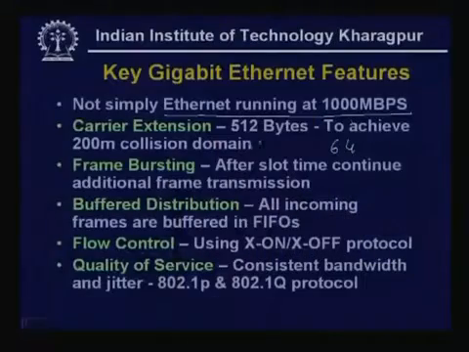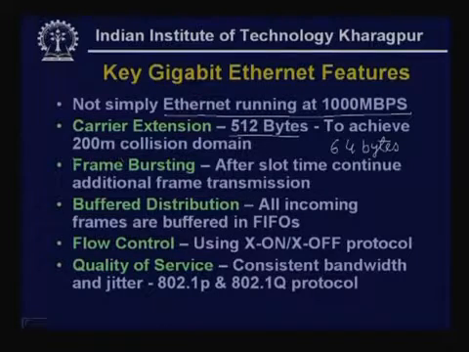In such a case, you have to use 512 bytes. However, the frame can be of 64 bytes and the carrier is extended to 512 bytes to achieve a 200 meter collision domain, keeping the minimum frame size the same at 64 bytes.